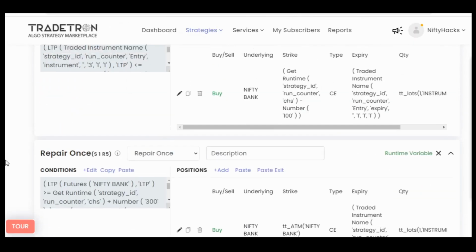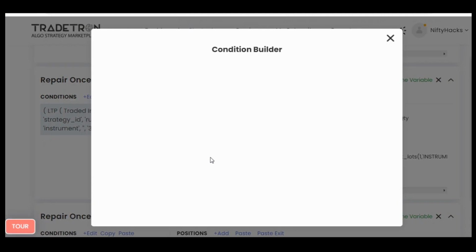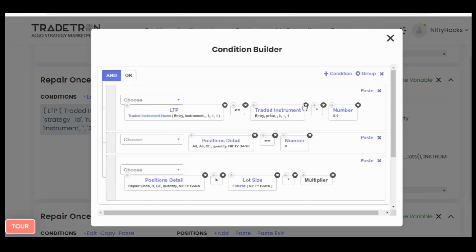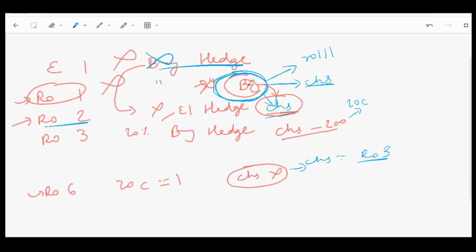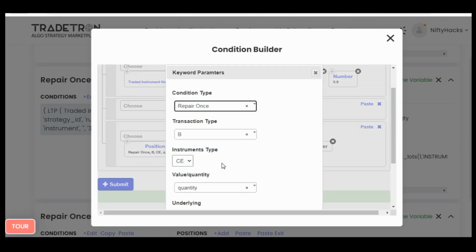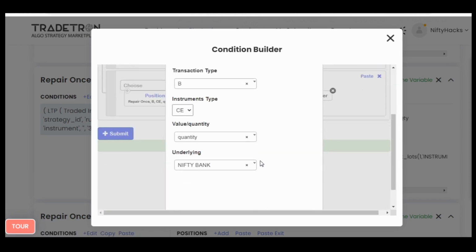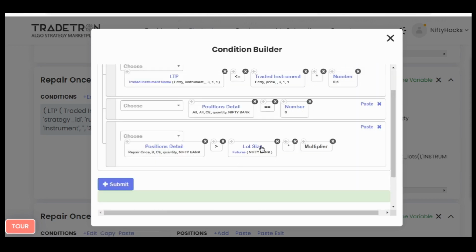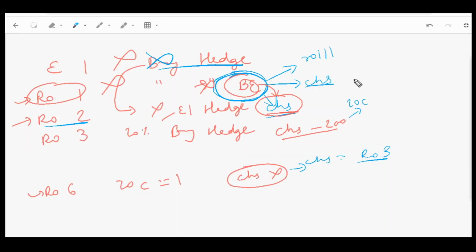Now in the same way, RO4 is to check whether 40% decay has happened or not in our short sell call, and again all CE quantity is equal to 0, that means we have exited the break even also, and now only one hedge and one short leg are present in the trade. Another thing is this position detail, repair ones buy call quantity is greater than lot size into multiplier, which means as soon as this RO1 happens, our RO hedge quantity would be 25, right?